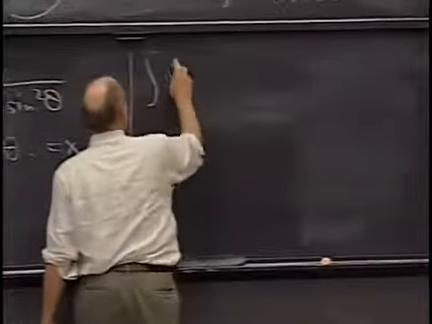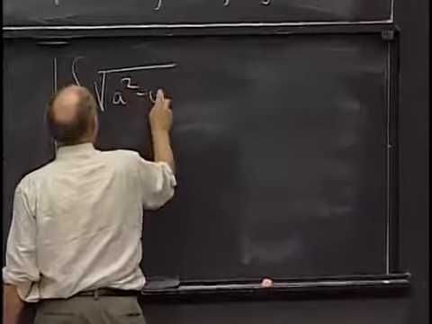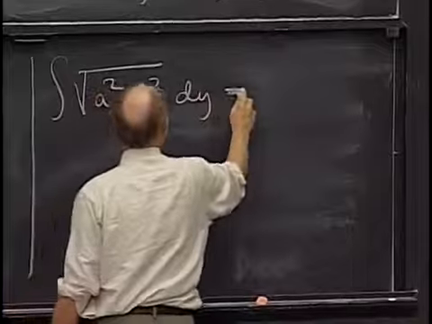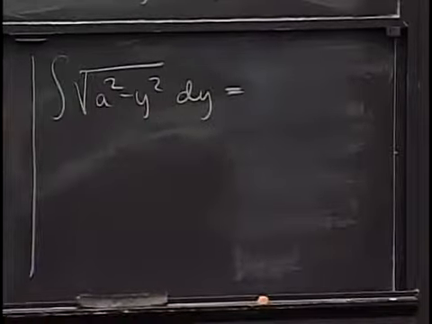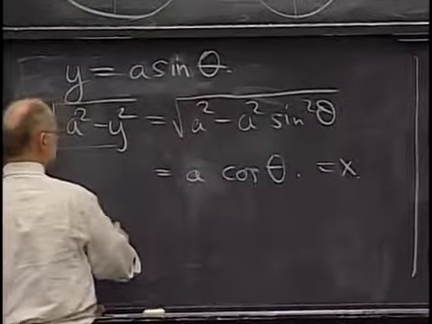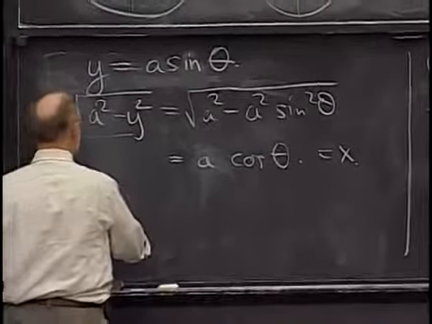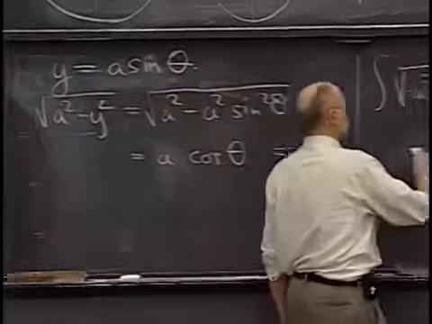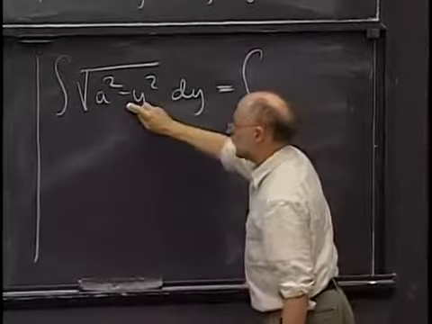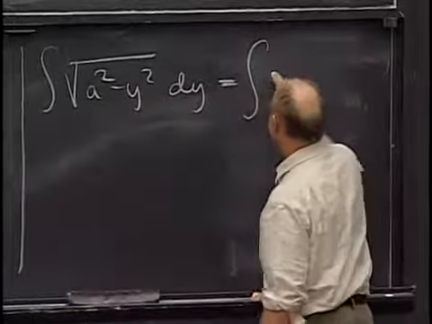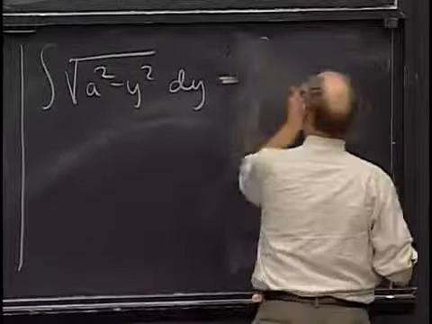So I'm interested in integrating the square root of a squared minus y squared dy. And I'm going to make this substitution. y is a times the sine of theta. And so under that substitution, the square root of a squared minus y squared is a cosine theta.